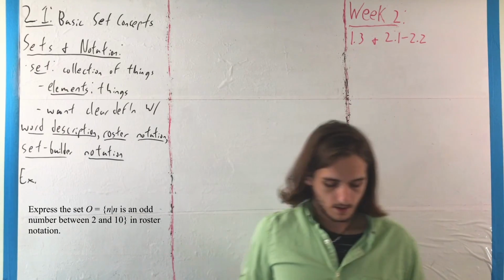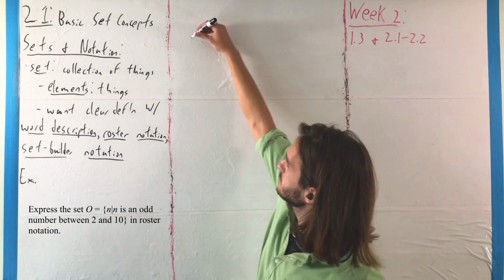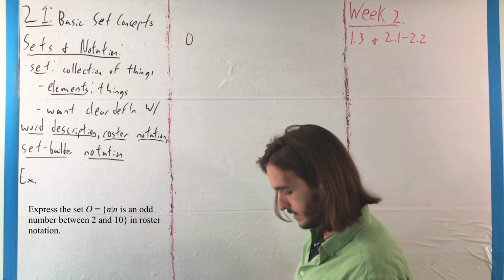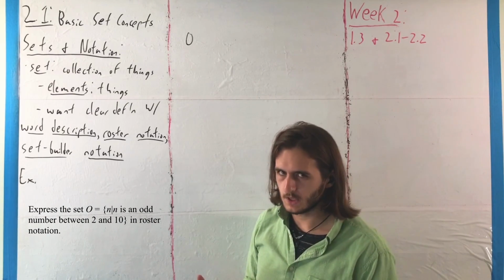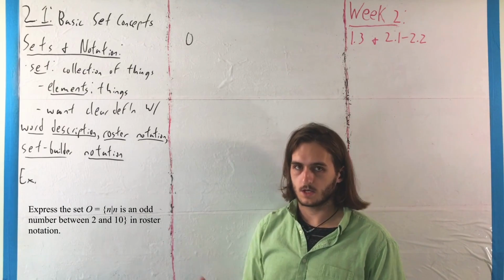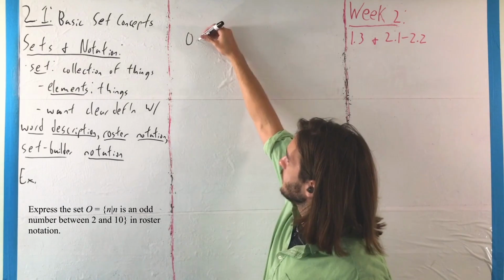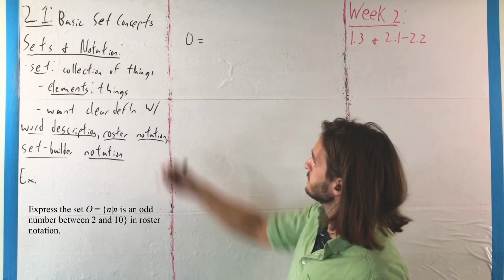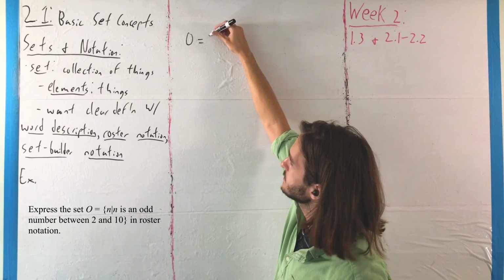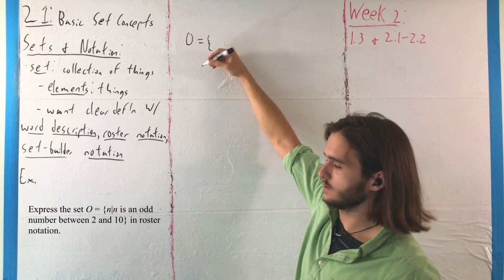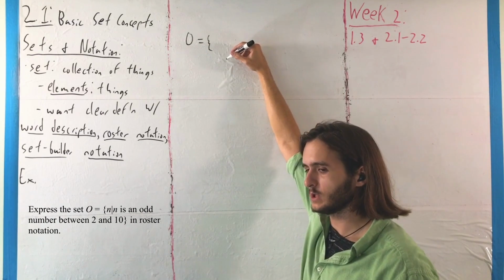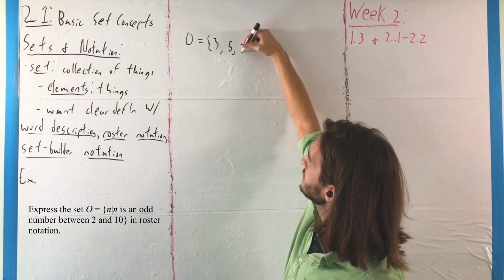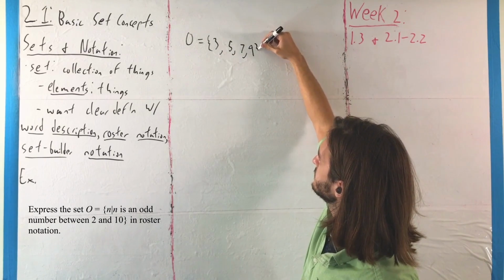So let's understand here that O is the set of elements n, or n, small n in particular, is usually referencing numbers like I talked about before, where these are the odd numbers between 2 and 10. So O, in roster notation, is the set, so curly brace, of odd numbers between 2 and 10. So that would be 3, 5, 7, and 9.